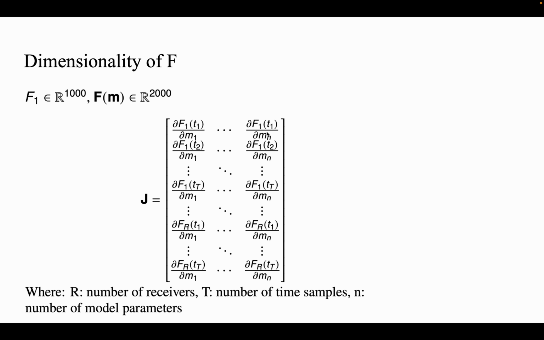For the first time sample I will take a derivative up to the nth model. Obviously this value will be very small. For example, if I've got 10 layers and the first time sample, that first time sample will come from the closest location, right?